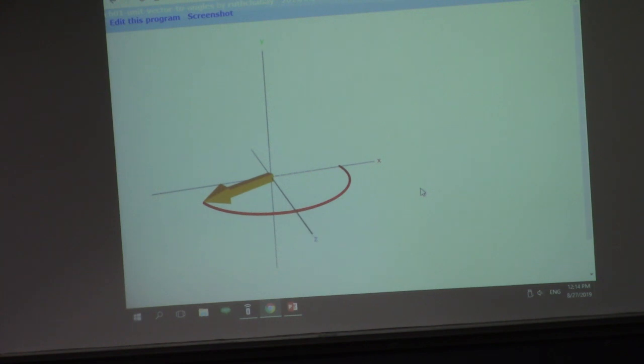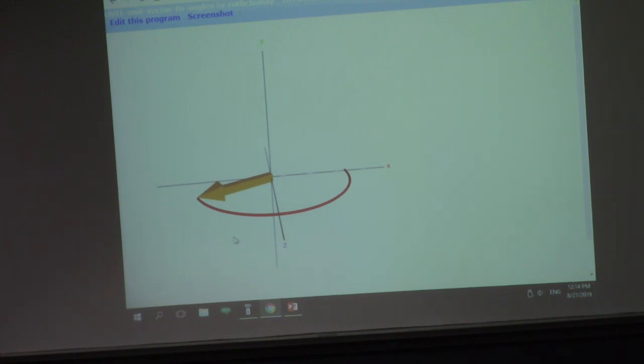That is more than 90 degrees. And that means that the cosine of an angle that's bigger than 90 degrees is positive or negative? Negative. So that makes sense, because the x component of this vector is negative. Okay?